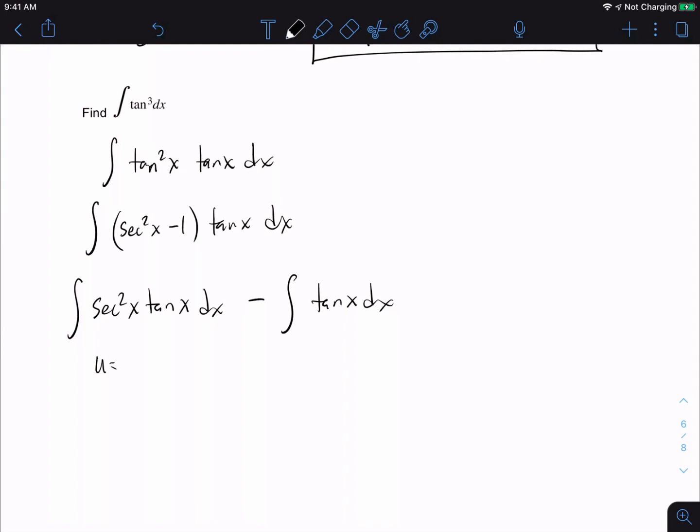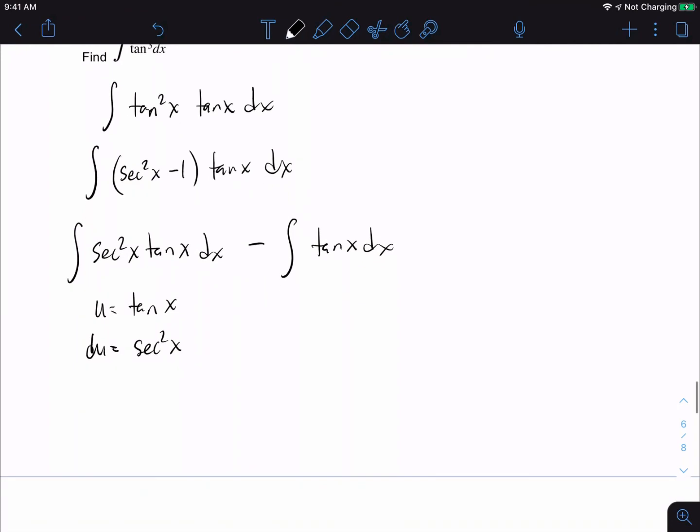But an easier way to do it would be to use tangent, because tangent is going to give me secant squared and eliminate it. So I end up with the integral of u du. And we know this one over here, I'm just going to leave it since we already did it.